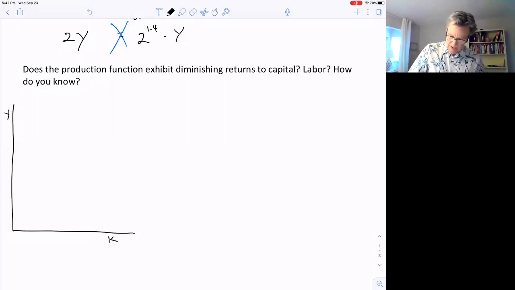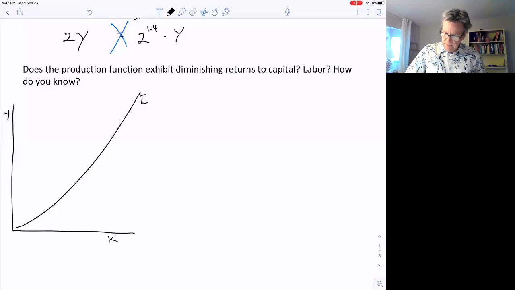So if we draw output here and capital and show what happens as we increase capital, there's not diminishing returns. It's going to plot something like that. So if we hold labor constant and total factor productivity constant, we increase K, we don't have the diminishing returns kind of a slope. We have increasing returns.